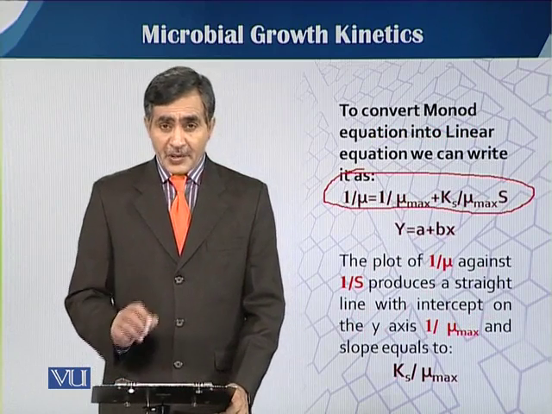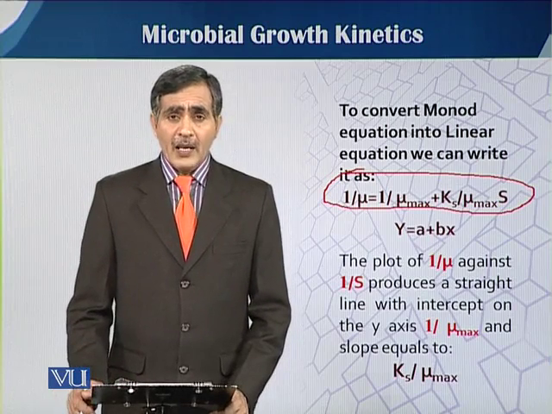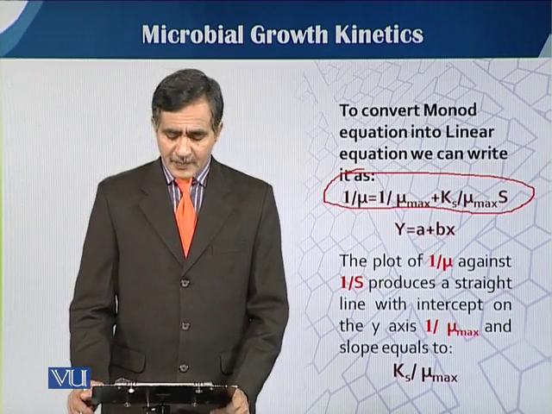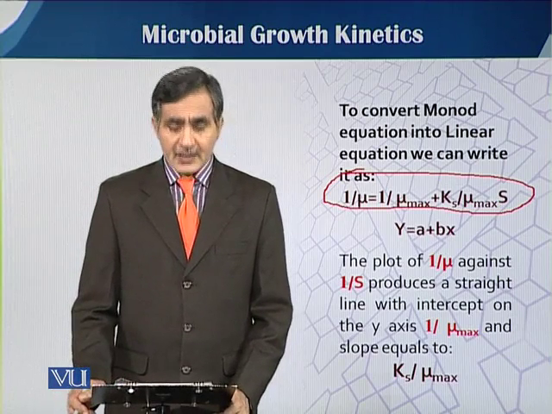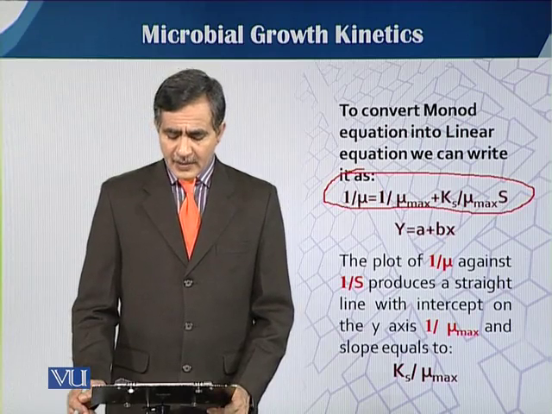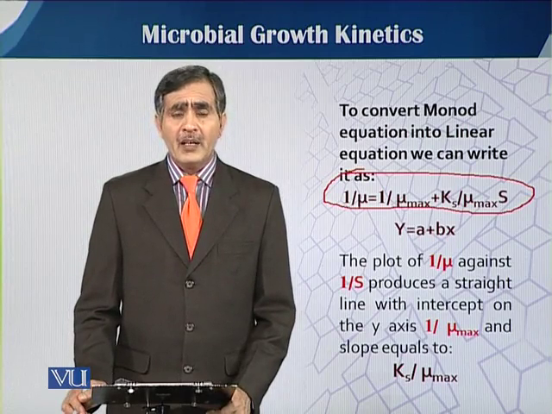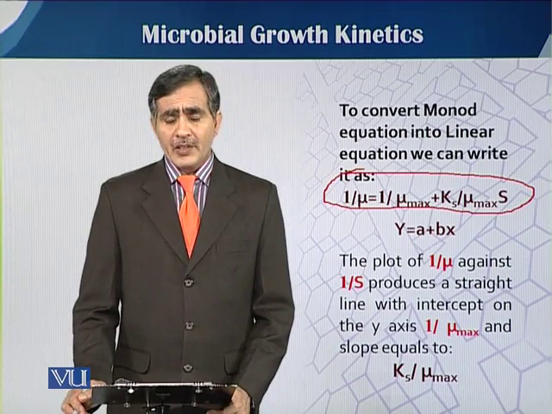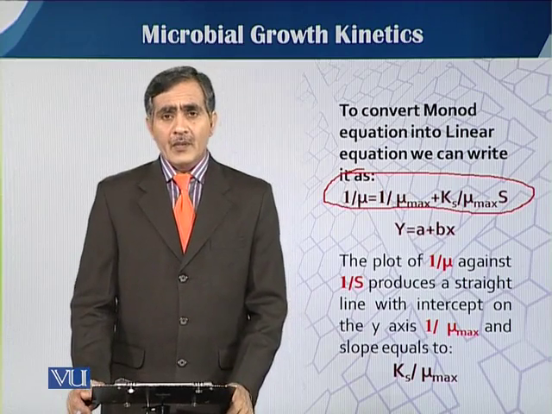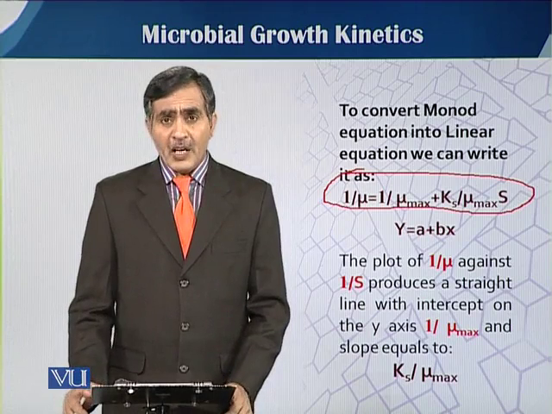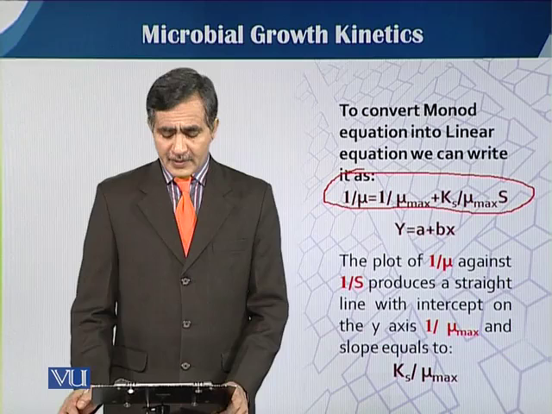This fits into the linear regression equation, y is equal to a plus bx. In this equation, you can easily see that 1 over mu max is equal to a, and Ks over mu max is equal to b, which is the slope of the plot. If we plot a graph between 1 over mu and 1 over S, we have a straight line.